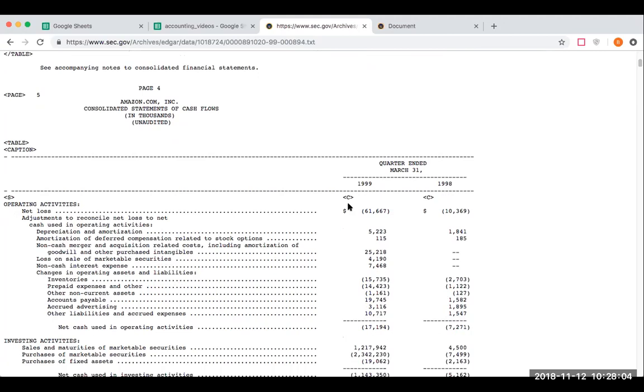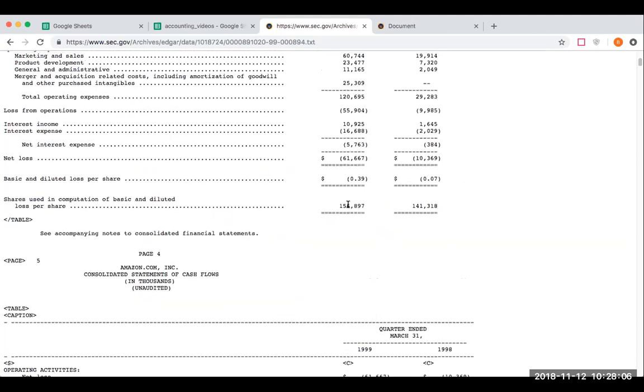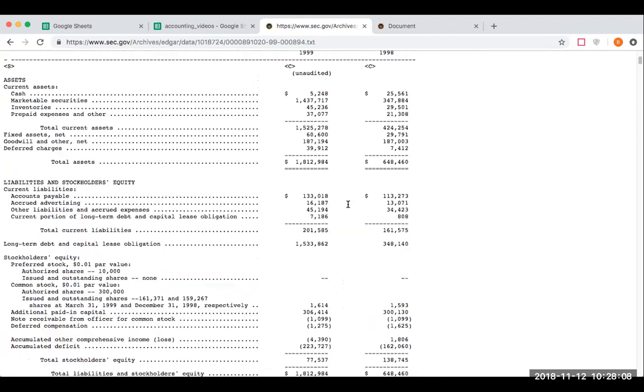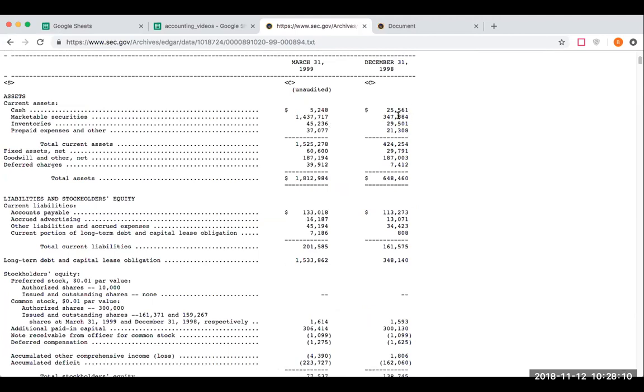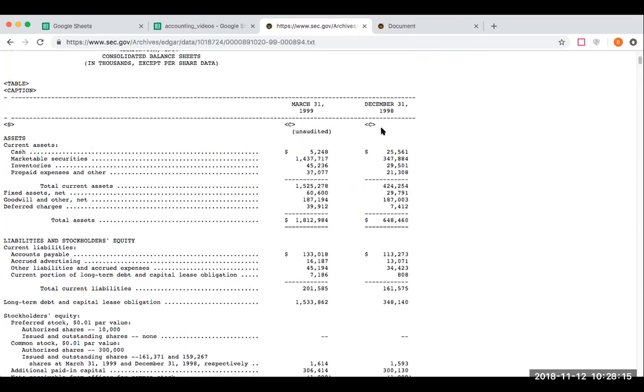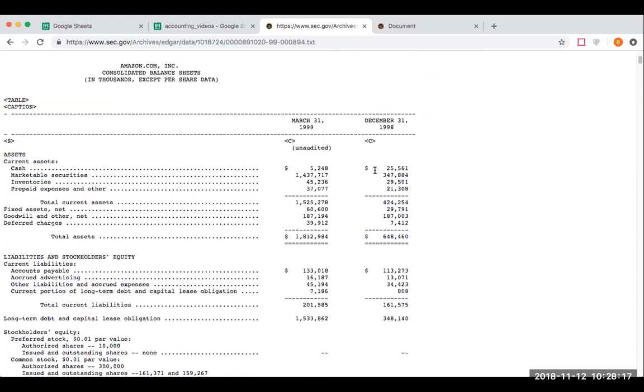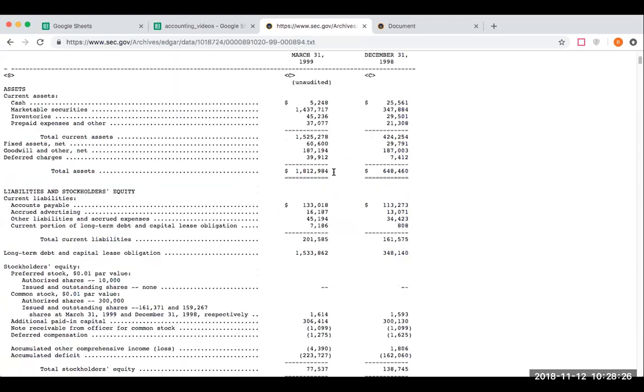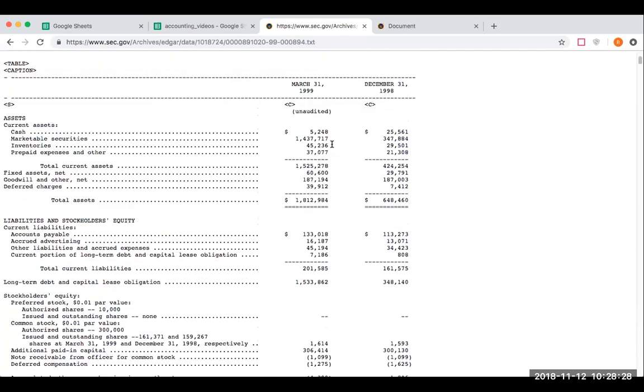Yes, Amazon was around back then. And if we look at Amazon, the cash balance as of December 31st, 1998 was about 25 million, and its ending cash balance as of March 31st, 1999 was about $5 million, which seems so small today.